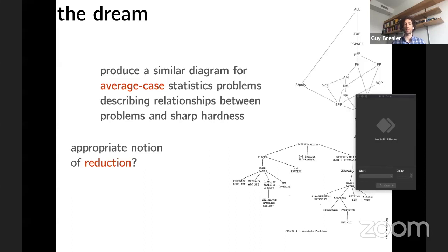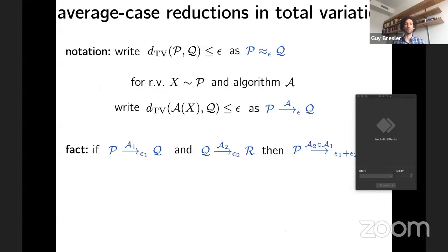So I'm going to next spend a couple minutes describing an appropriate notion of reduction, which targets specifically obtaining the correct distribution. This is a notion of statistical reduction, or reduction for statistical problems.